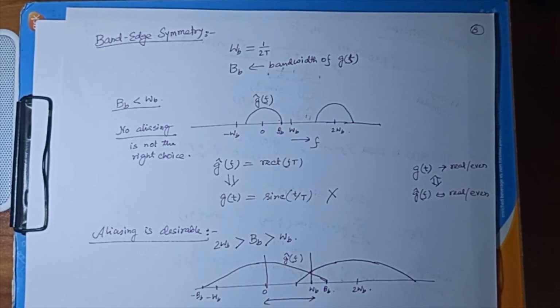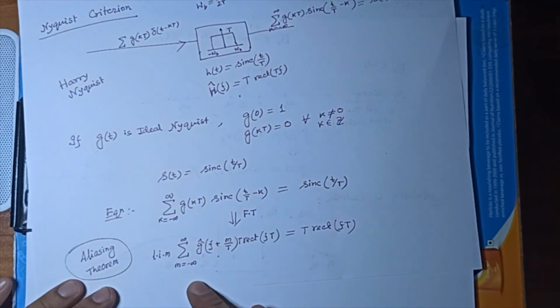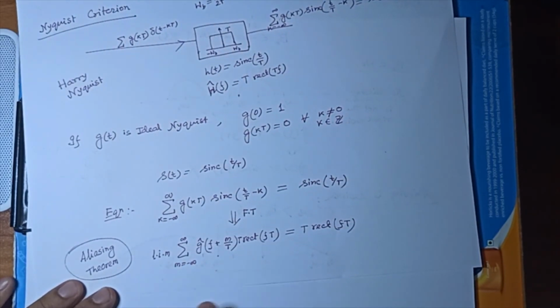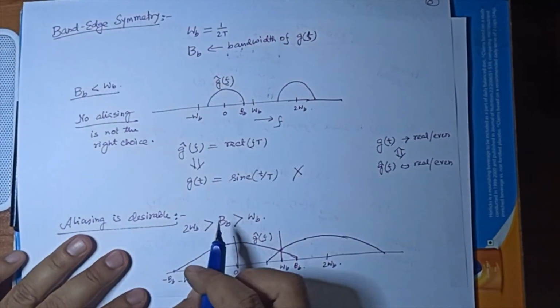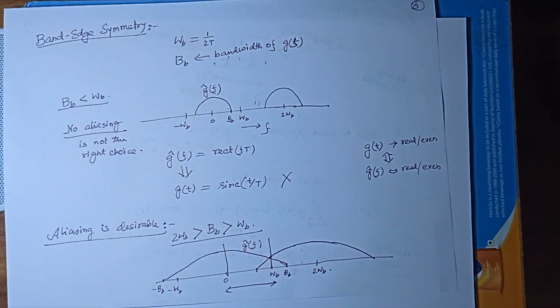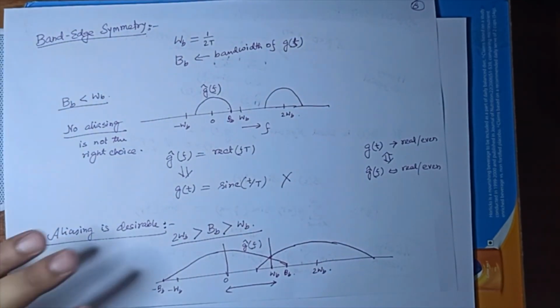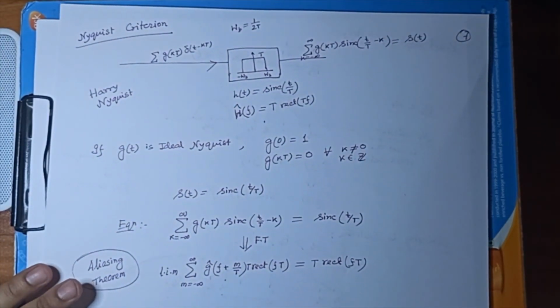So in that sum, we will choose only 2 values. One is m is equal to 0 and another is m is equal to minus 1. Those 2 values will give me the equation. That is understandable, isn't it, from this? So let us write that down.